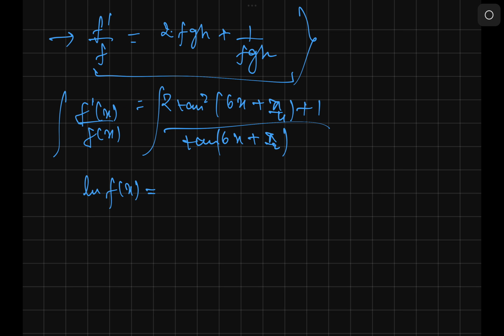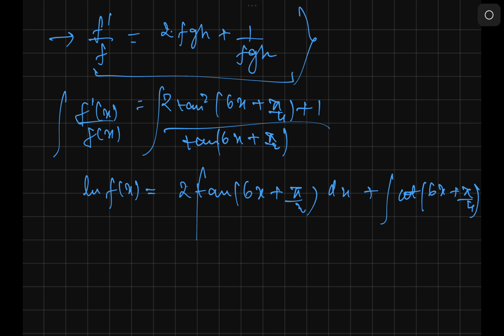That would be a mess. So 2 tan (6x plus pi by 4) and cot (6x plus pi by 4).